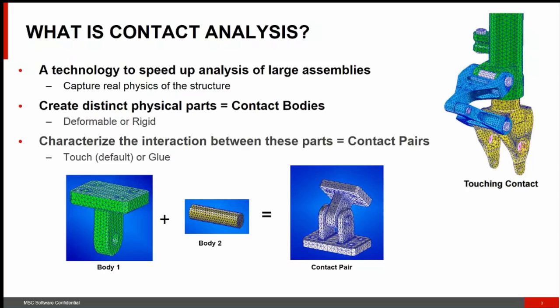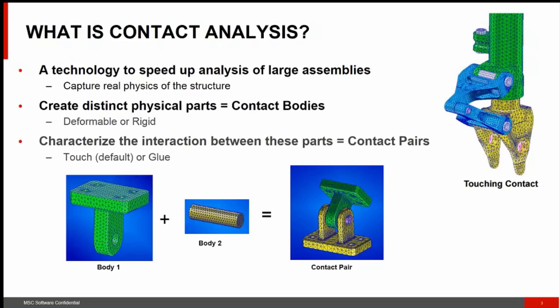As you can see, there are several steps, not only two. Generally, contact occurs between deformable bodies or rigid bodies, and sometimes one of these bodies is rigid because it's significantly stiffer than the other deformable body, and that's why we call it a rigid body.